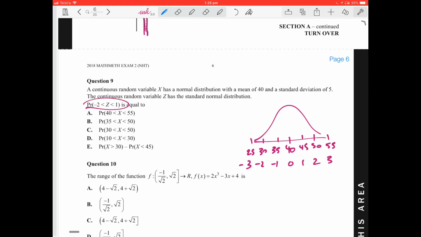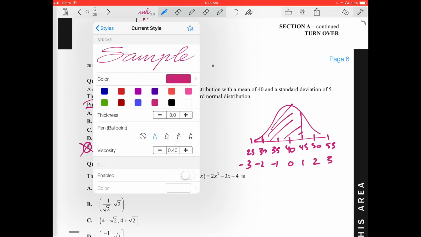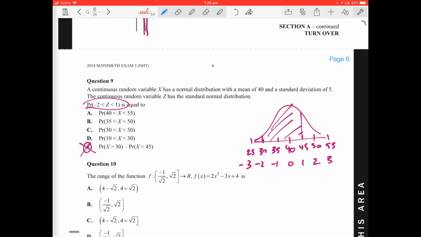Okay, so negative 2 to 1 would be 30 to 45. Okay, it could be this one, but I don't think it is. I think what they're trying to get you to do is see negative 2 to 1 is the same as negative 1 to 2, which is 35 to 50. So it is B, number 9.